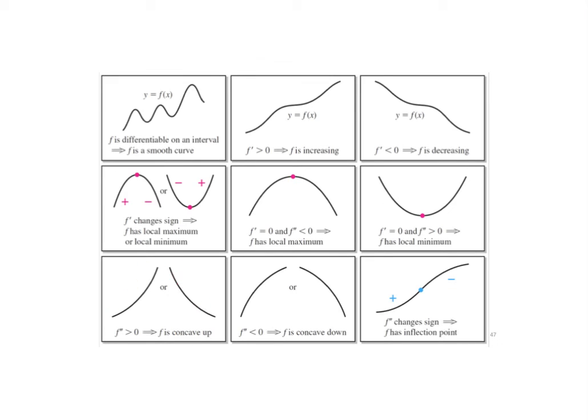Notice that if the rain falls on either of these, it will collect. But on this, the rain will splash off, and that's concave down. If second derivative changes sign, the point at which that happens, we call that an inflection point. And these are the basics of becoming a graphing calculator, which is one of the main goals of this course.